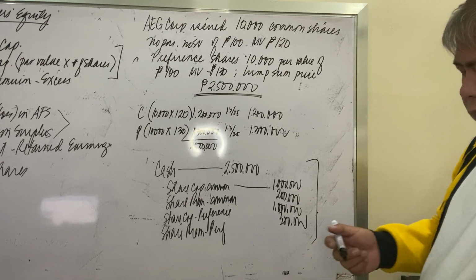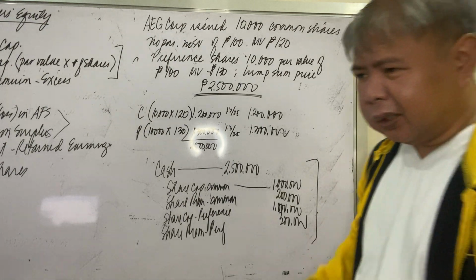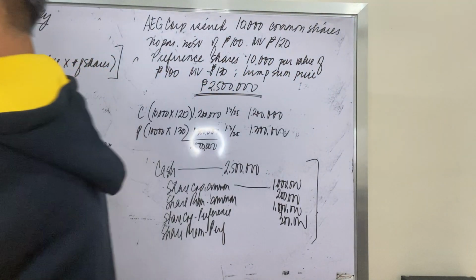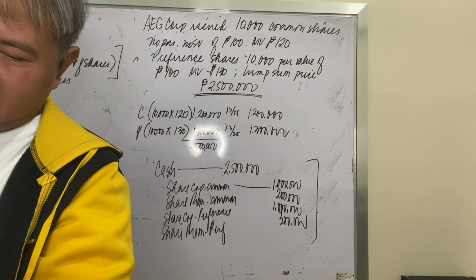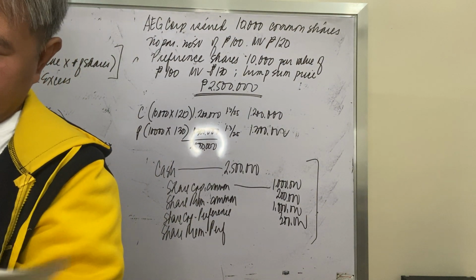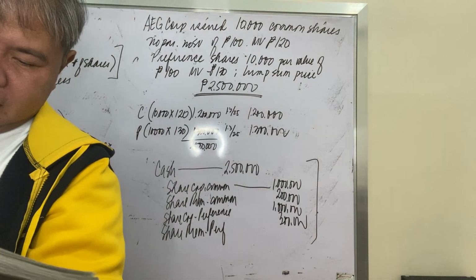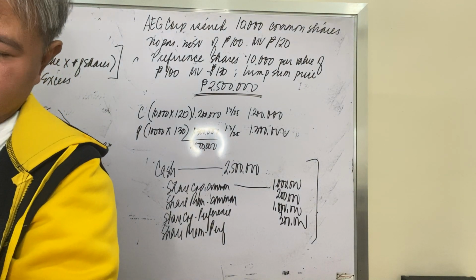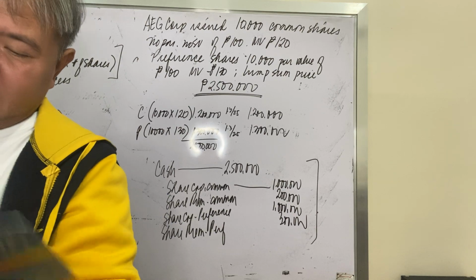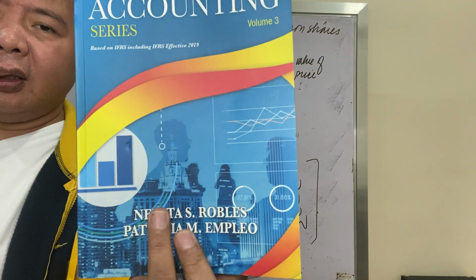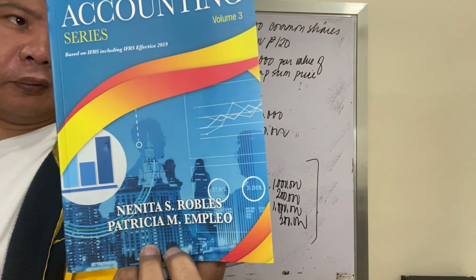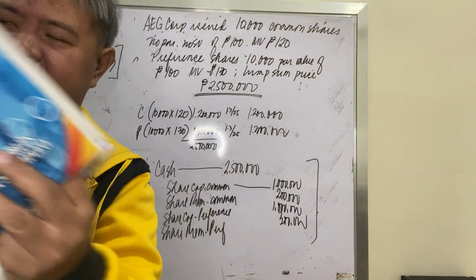Okay. Now what else? Let's go to problem number 1. I'd like you to open your book on page. Again, we're using Intermediate Accounting by Dean Patent Playo and Professor Nito Lopez.